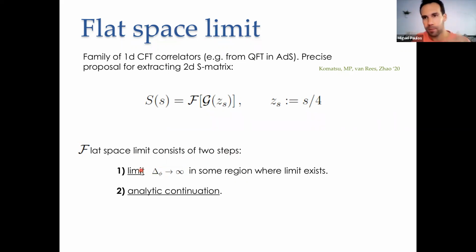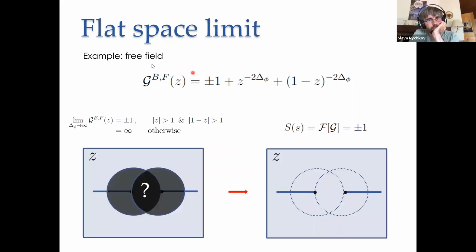So in the first step, again, you go to some region and you take this limit, and then you analytically continue into the region where the limit does not exist. So, for instance, let's take these free field correlators as an example. Then if you take the large delta phi limit of these correlators, you either get 1 or infinity, depending on the region.